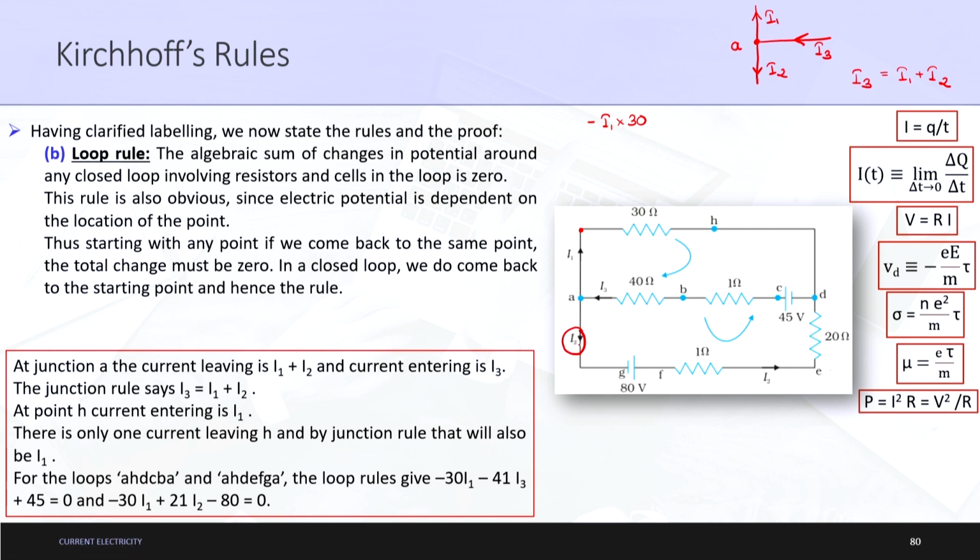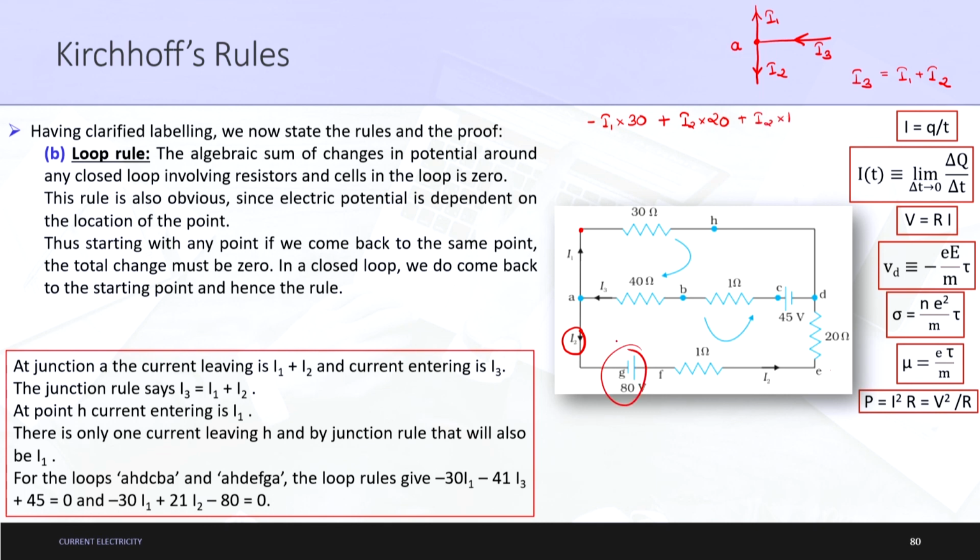As you can see, I2 is moving in the opposite direction of our loop, hence it will be plus I2 into 20. Then again moving, the 1 ohm resistor will again have a positive sign. Why? Because the current is flowing opposite to the loop, hence it will be plus I2 into 1.